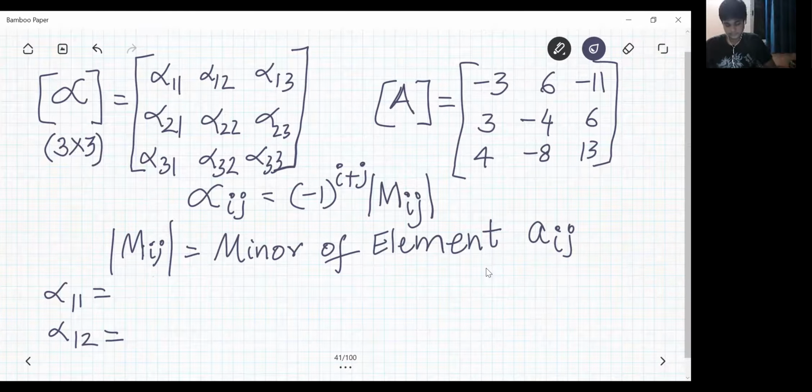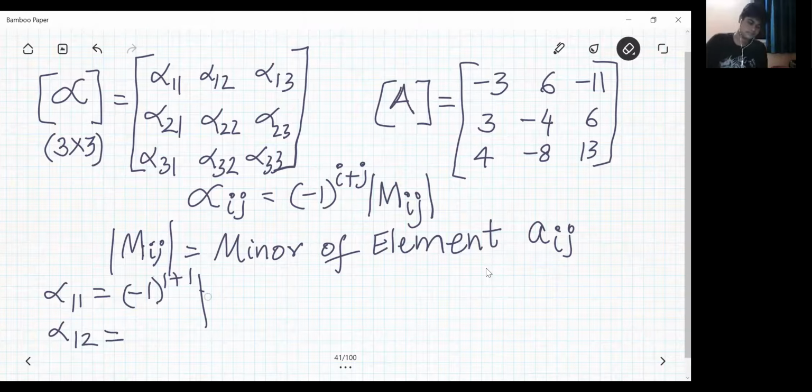So alpha 1 1 means it is minus 1 to the power of 1 plus 1, where i is 1, j is 1, then multiplied by the determinant of the minor of element 1 1.